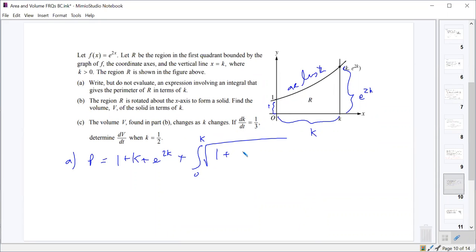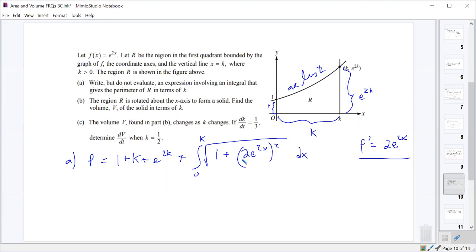The derivative of e to the 2x is 2e to the 2x, squared, dx. And that's it. They give a specific point for writing what f prime is, so try to write out what f prime is off to the side. F prime is 2e to the 2x.